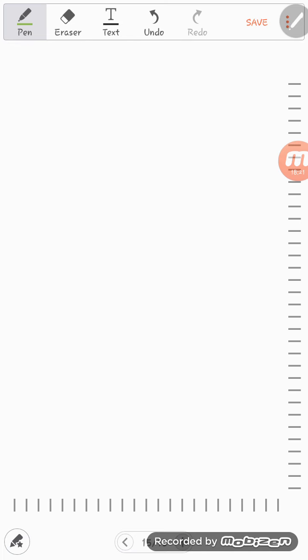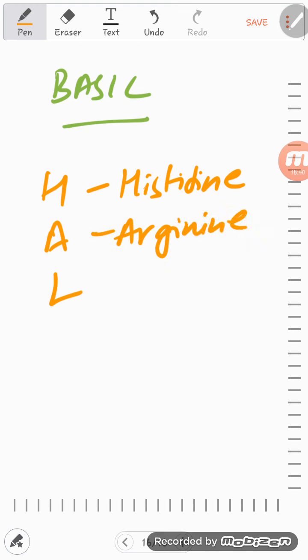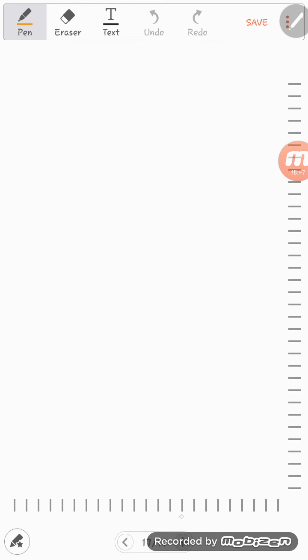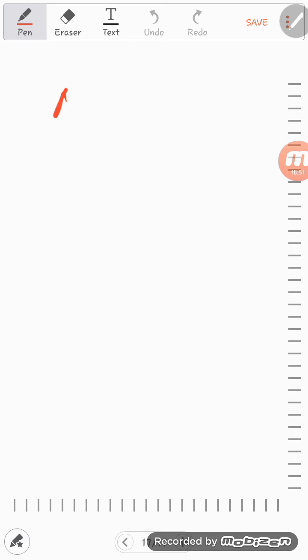So the next one is about the basic ones. They can ask what are the basic ones. The code for the basic ones is very simple. That is HAL. HAL is a basic thing that everyone requires. The answer is histidine, arginine, and lysine. Next question is aromatic.